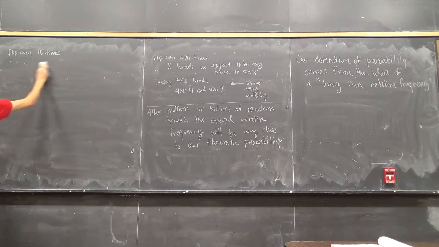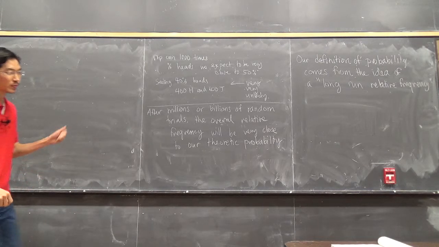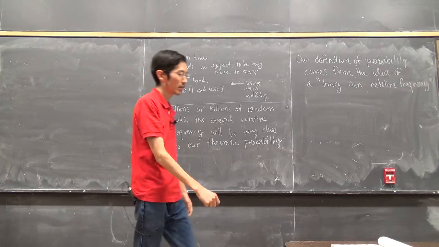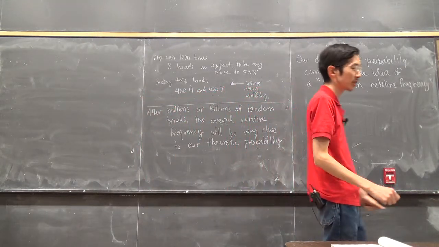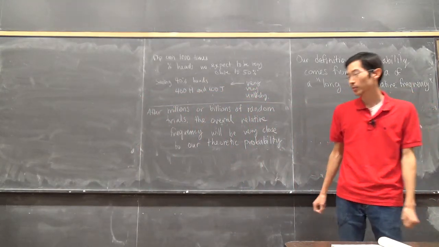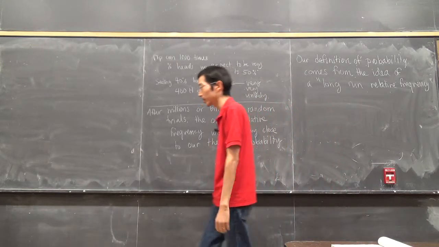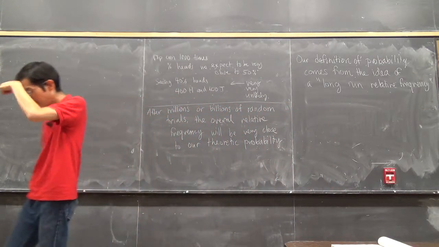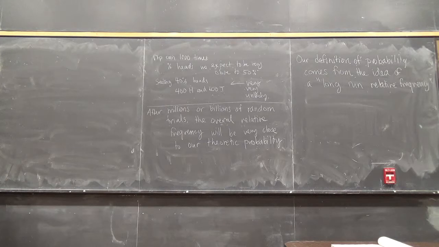But of course, we will not flip it an infinite number of times, and after a finite number of coin flips, we might have the relative frequency be very close to 50%, but of course it will not be exactly so.